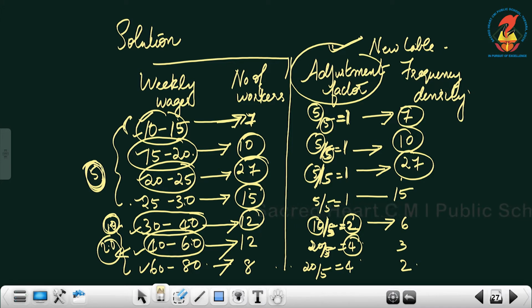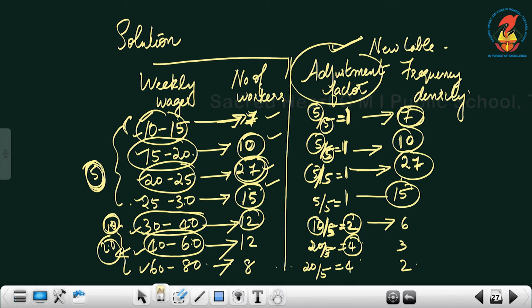Now, the frequency density: 5 divided by 5 is 1, and the frequency density can be found with 7 divided by 1 is equal to 7. 10 divided by this adjustment factor 1 is 10, 27 divided by this adjustment factor is 27, then 15 divided by 1 is 15. Okay, so till here, as the factor is 1, you will get the same value of frequency as 7, 10, 27 and 15.